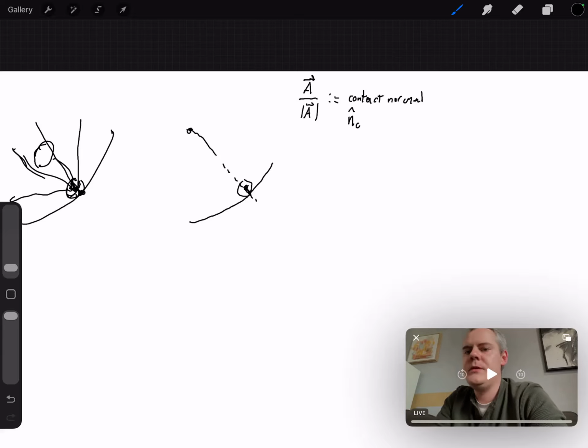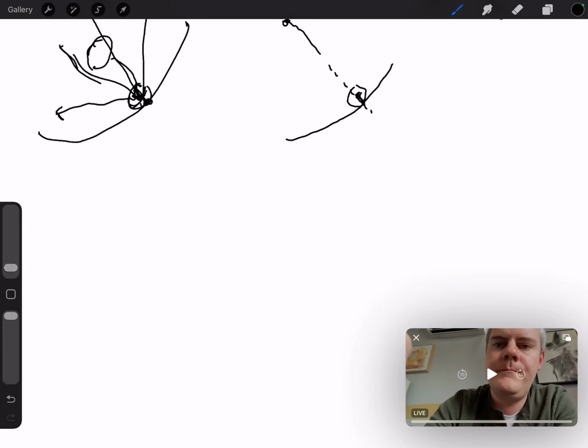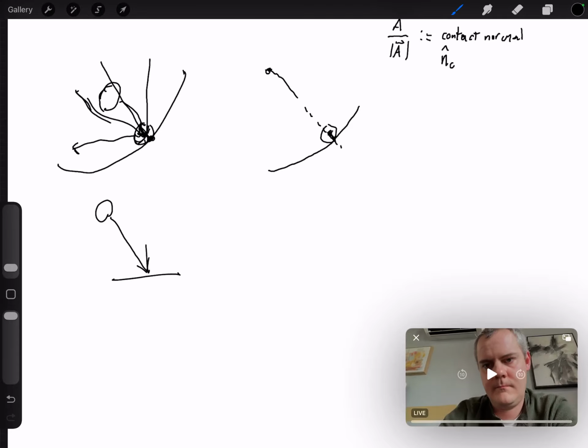It's perpendicular velocity. So when we have a collision, the incoming velocity can be broken up into a component that is perpendicular to the plane and a component parallel to the plane.